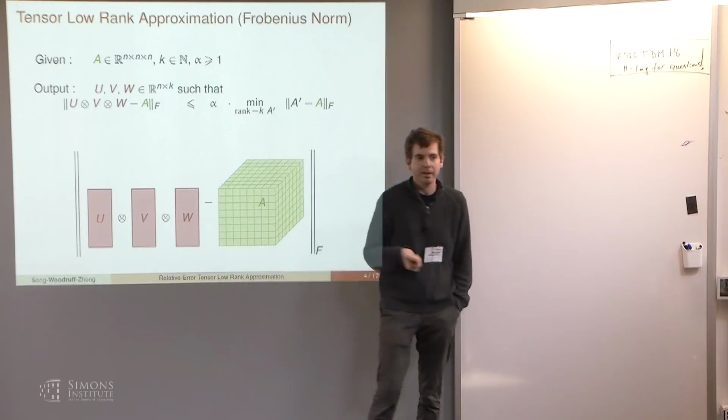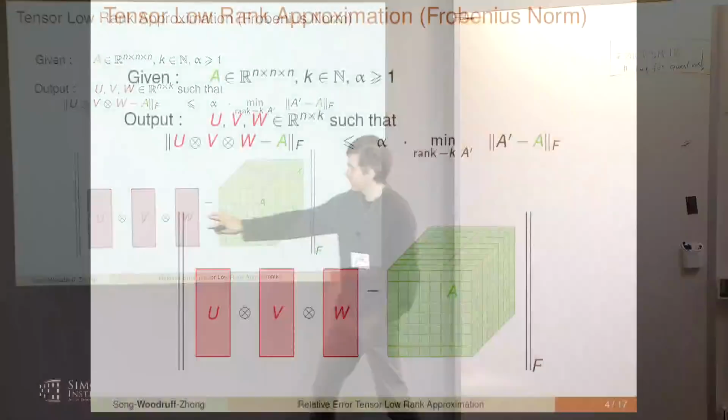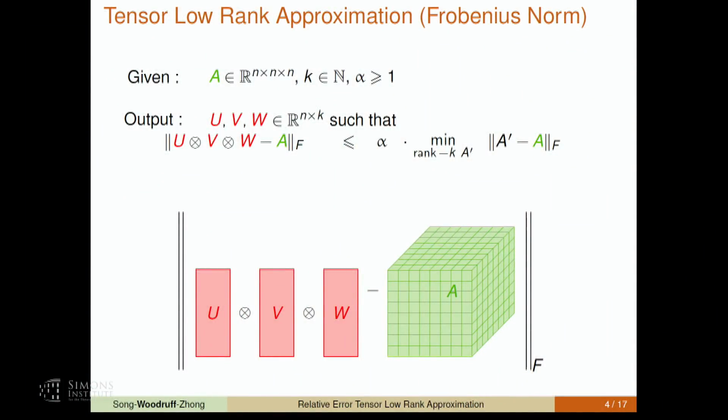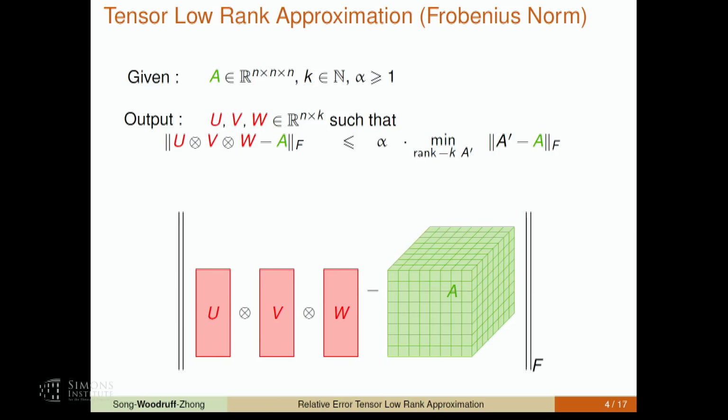Let me just write the tensor in a slightly different form in terms of matrices. So instead of this sum of outer products of vectors, let me write it as u cross v cross w, where u is n by k. It's a matrix. V is n by k, and w is n by k.